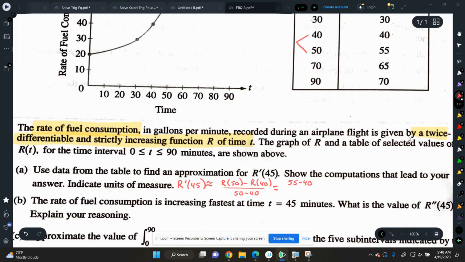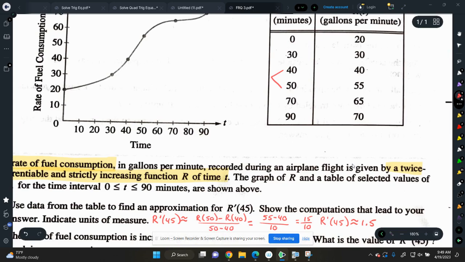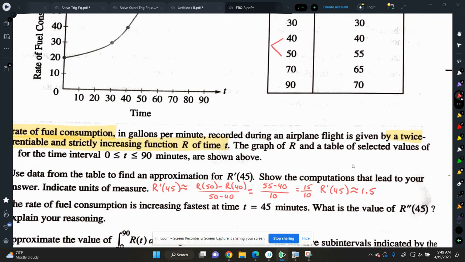55 minus 40 over 10. So that's 15 over 10. Did I make a mistake? No. So R prime of 45 is approximately 1.5, or you could leave it as 3 over 2. Then it says indicate units of measure.